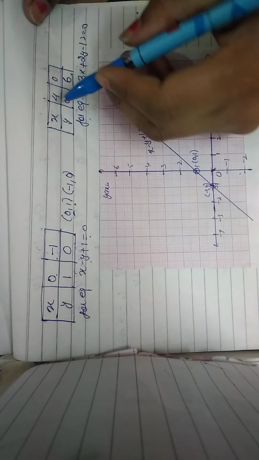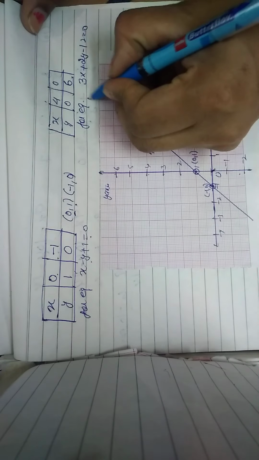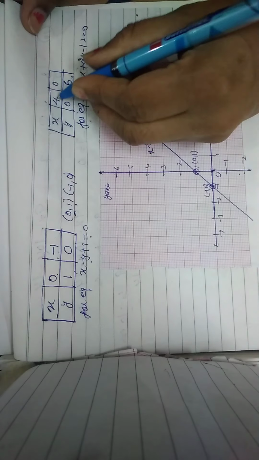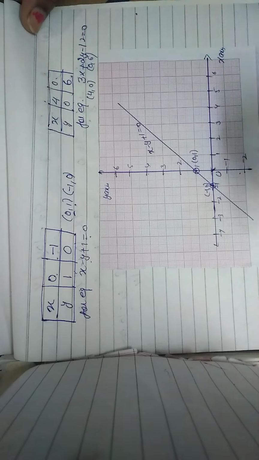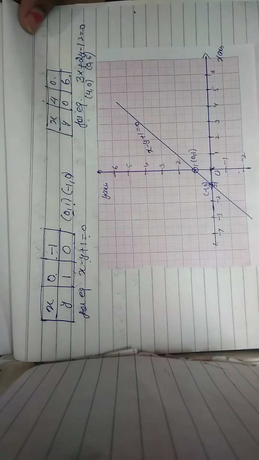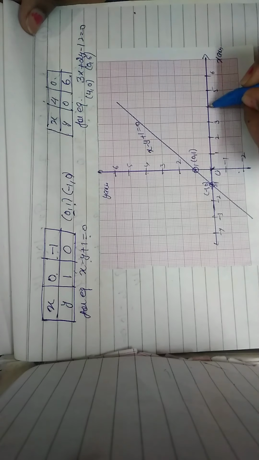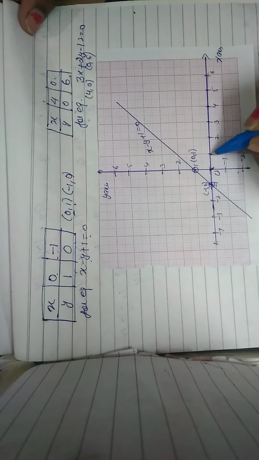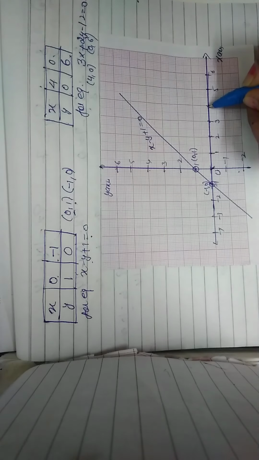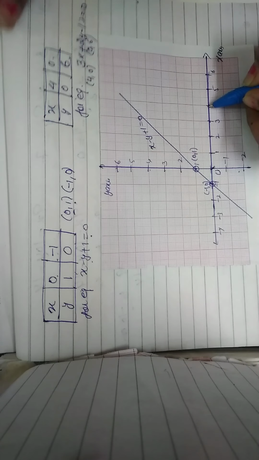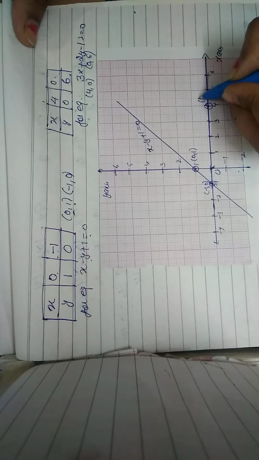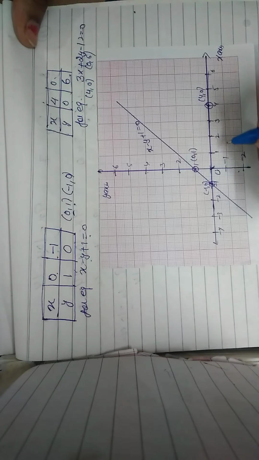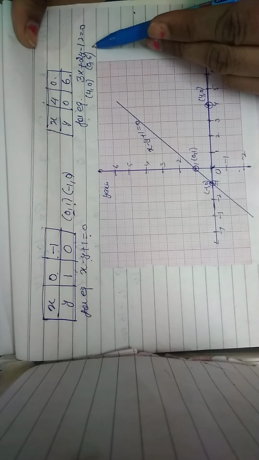Similarly, for the second equation, write the coordinates (4, 0) and (0, 6). Now taking values on the graph paper, x is 4 on the x-axis: 1, 2, 3, 4. Then y is 0, so the point lies on the x-axis. This is our point where x is 4, y is 0. The second point is (0, 6).